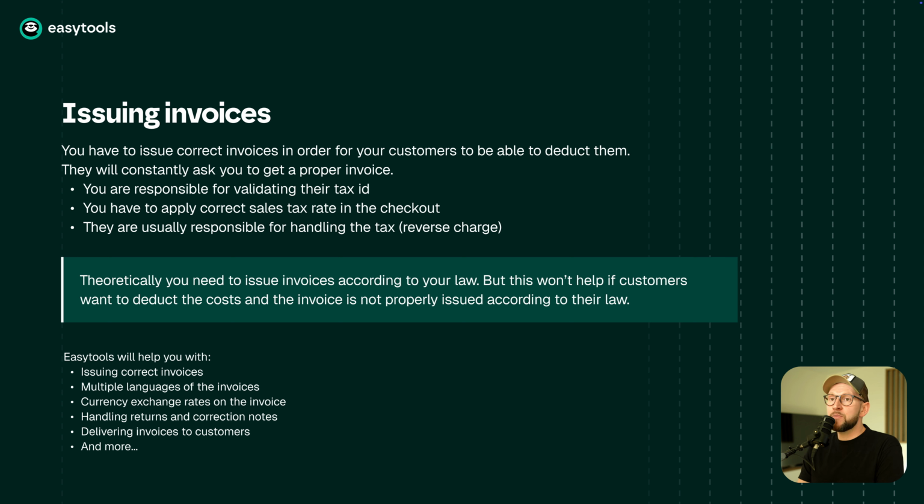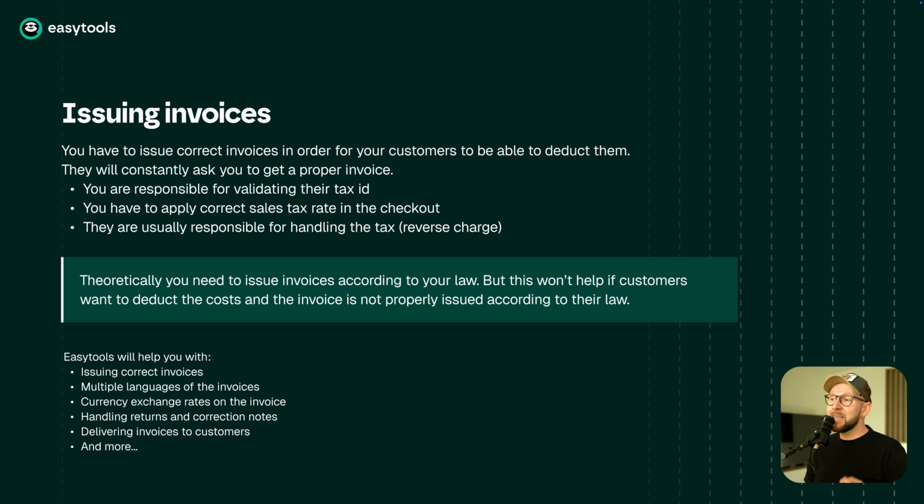So you are responsible also for many things that we on Easytools do for you. For example, validating the tax ID, like I mentioned before, you have to apply the correct sales tax rate in the checkout, as we know, and you are usually responsible for handling the tax with the reverse charge mechanism. So usually B2B purchases are with tax zero. Theoretically, you need to issue invoices according to your law.